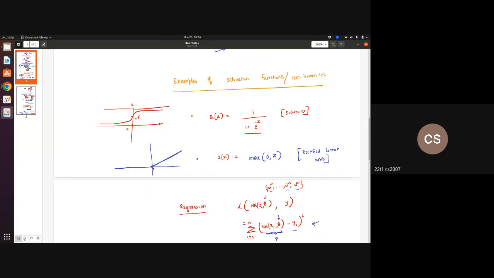And if the value produced is positive, it will let it be. That's how the rectified linear unit function works. So this is a linear unit, the rest is all 0. It can be represented as max of 0 and the value. If the value is negative, you get a 0. If the value is positive, you get that value.